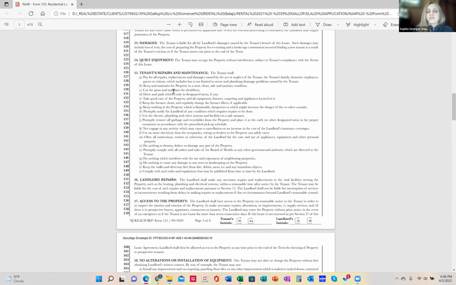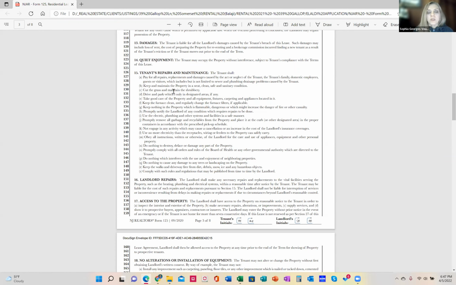If a toilet clogs because somebody threw a brick in there, the landlord is not on the hook for fixing that. If you put cement in the toilet, the tenant fixes that. So it's basically who is at fault. Now, if a pipe leaks in the house, the landlord's on the hook for that. It comes down to whose fault it is.